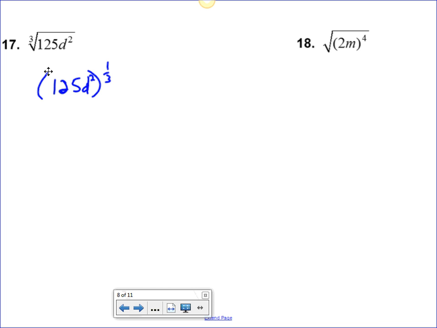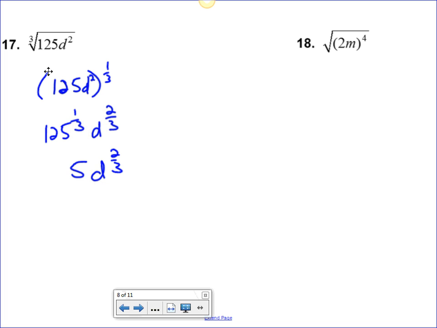So if I distribute that, it's really 125 to the 1/3 power, and d to the 2/3 power. Well, 125 to the 1/3 power is 5, so I got 5 times d to the 2/3 power.